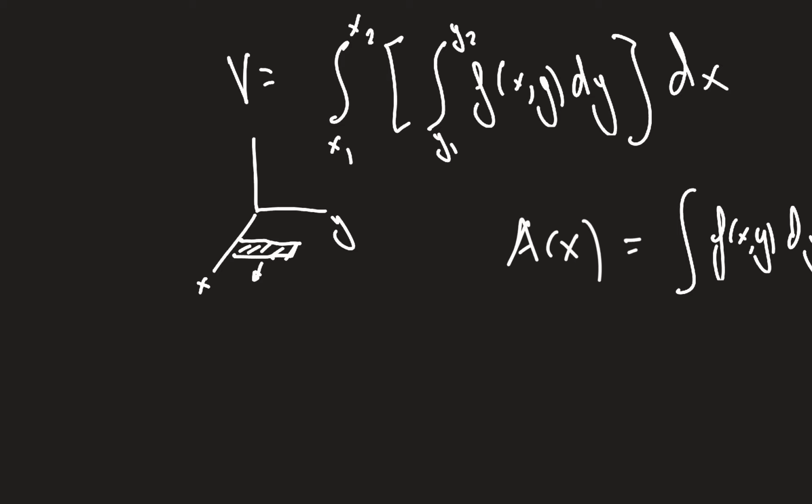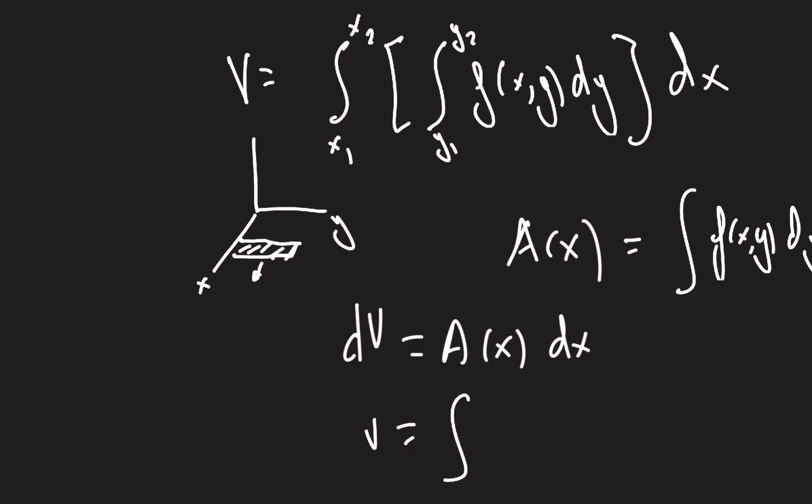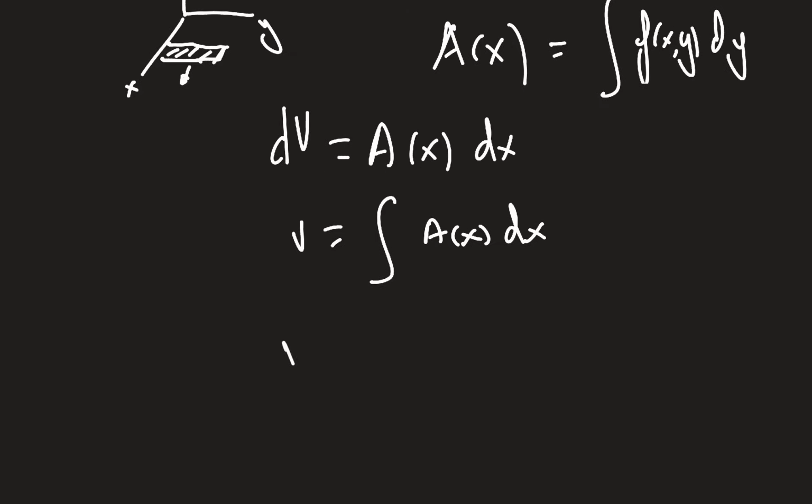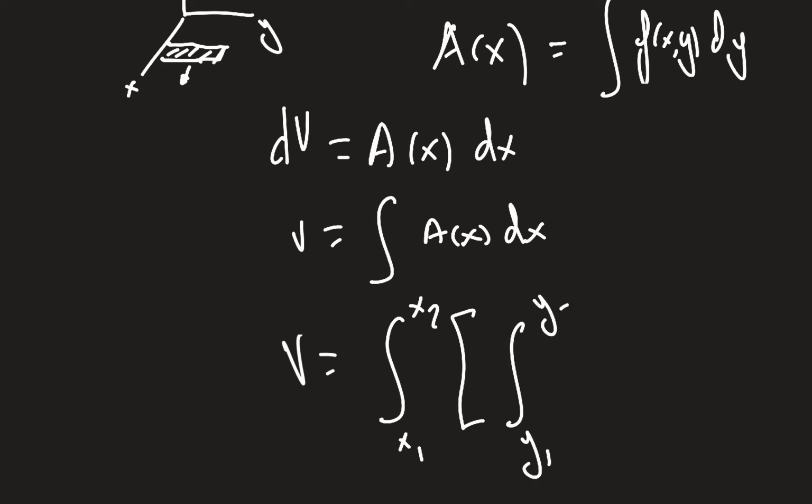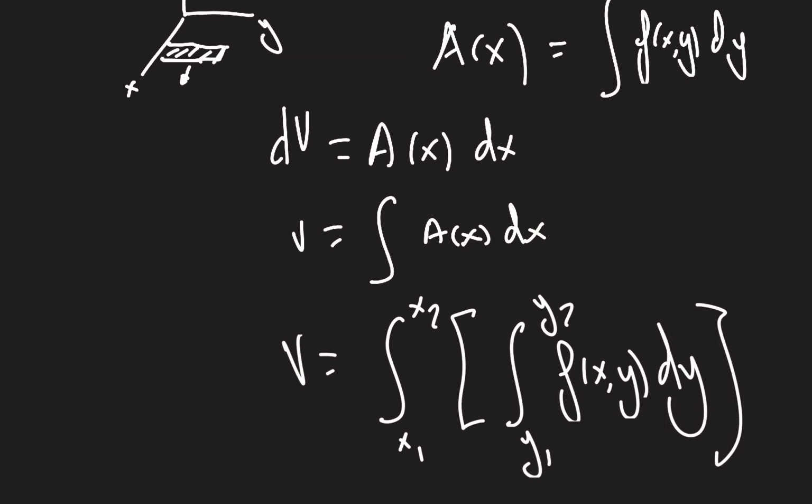Later on, if you want to find the volume, you are calculating A of x dx, and this is the small volume, and the total volume is the integral of A of x dx, or in other words, the integral from x1 to x2 of A of x, where A of x is the integral from y1 to y2 of f of x comma y dy, and now this dx is here. This is the idea.